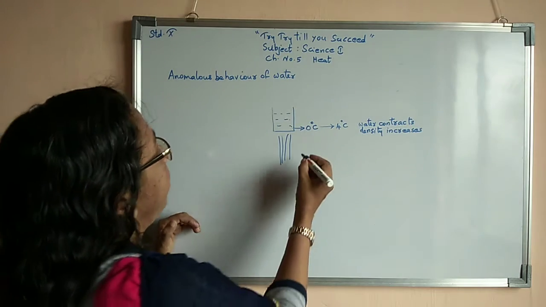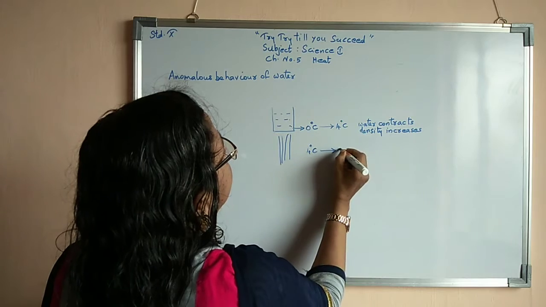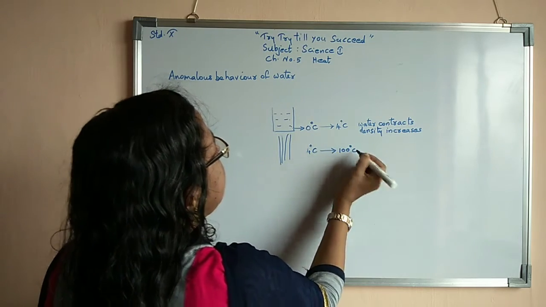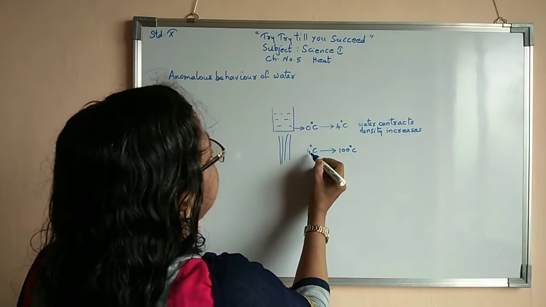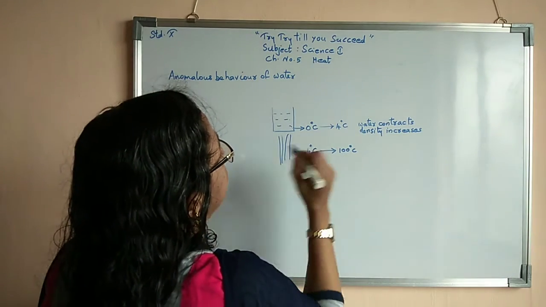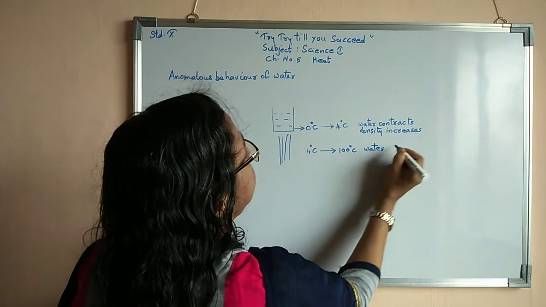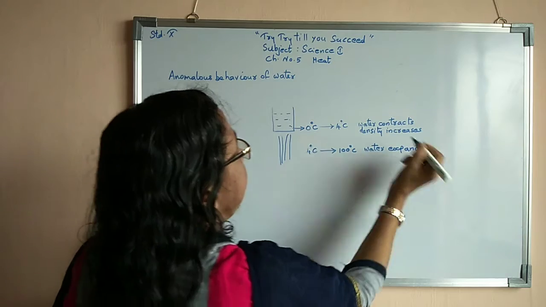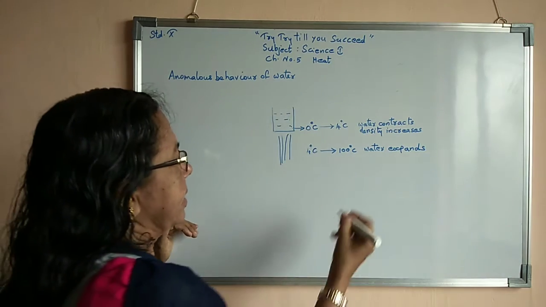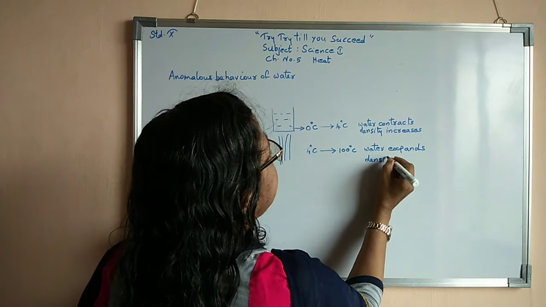Now, again from 4 degrees Celsius to 100 degrees Celsius, that means we keep on heating it, the water expands. That means its volume increases. At the same time, its density decreases.